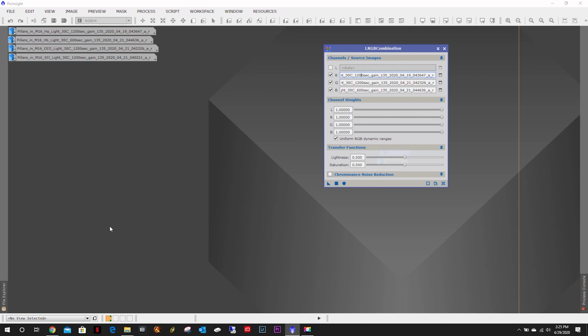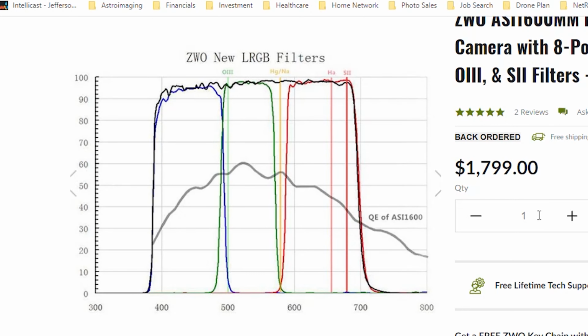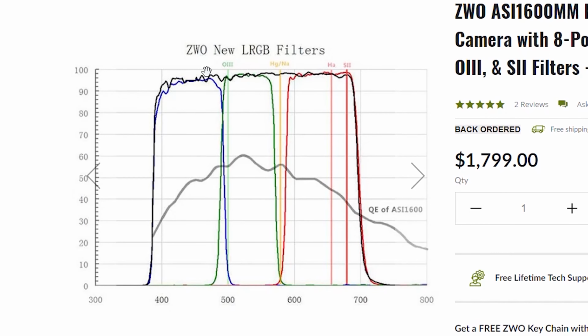If we go to, let's just pull up a graph real quick. All right, so as you can see here, this is a nice little graph of our spectrum. H alpha and S2 are in the red.